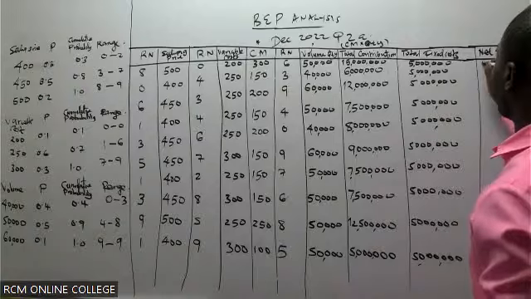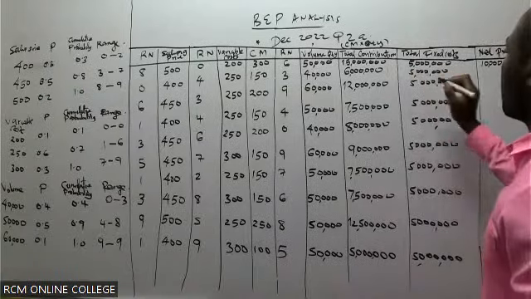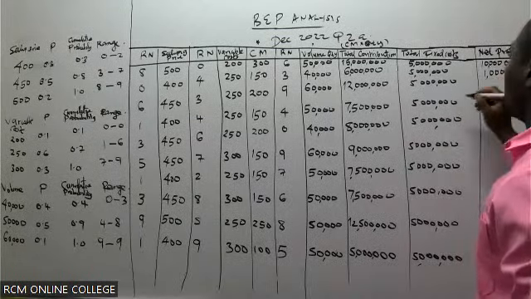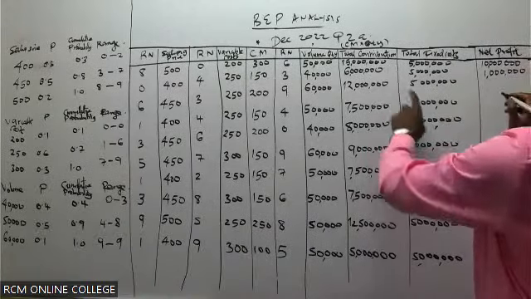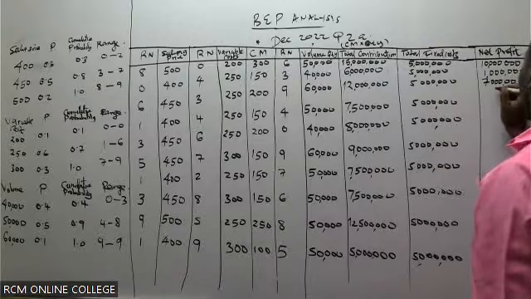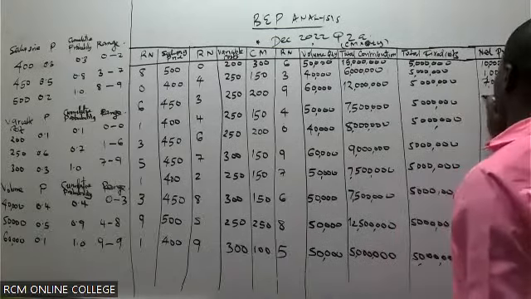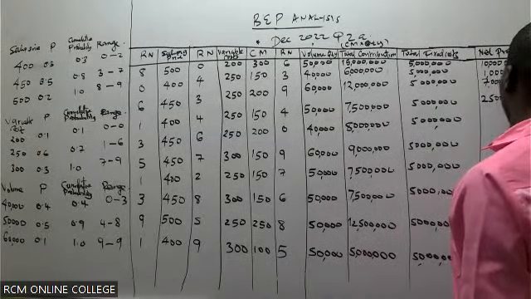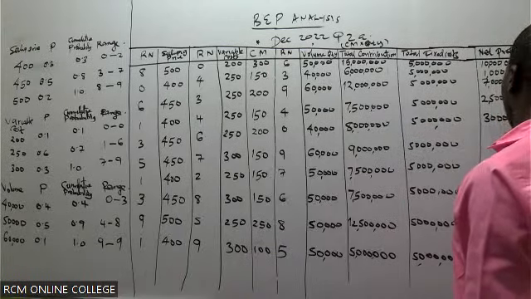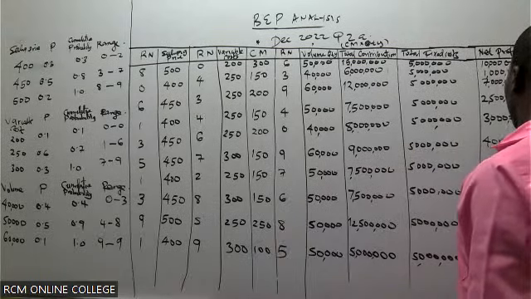So I'm having 10 million. Here I'm having 1 million. Yes. Here I'm having 7 million. Here I'm having 2,500,000. Here we have 3 million. Here we have 4 million.